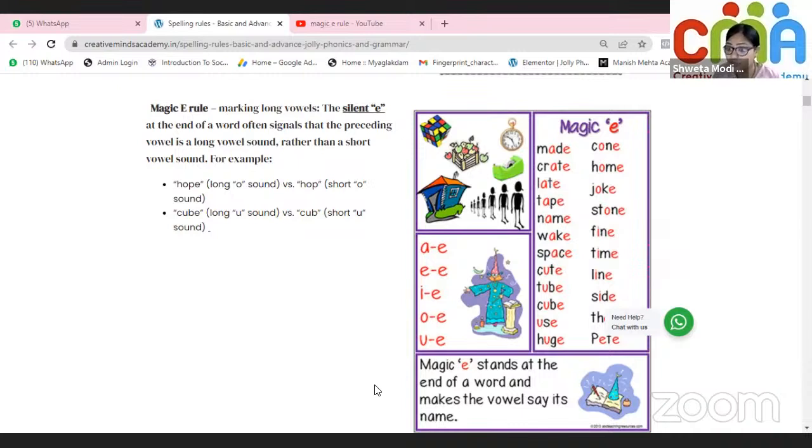And in the word large, GE is giving you the J sound, and large does not have any short vowel sound. So we cannot have the magic E rule in the words where we do not have a short vowel. In the word large, it's not only A, it is A and R together. When A and R are together, then it's not the A sound. Then how can A be changed when A is not there?